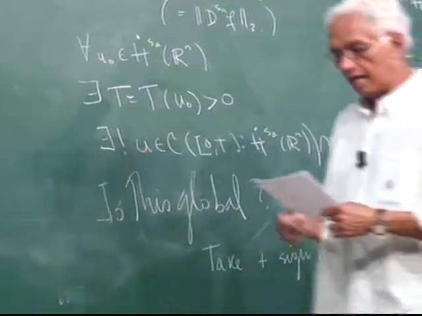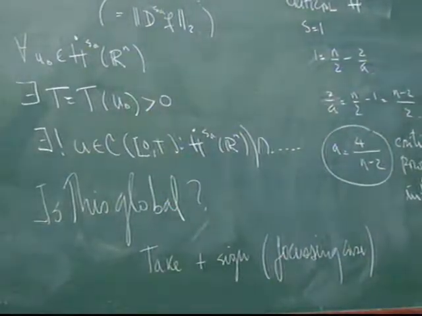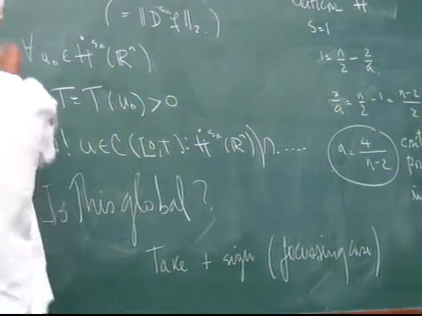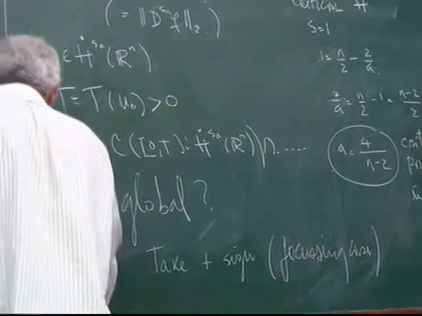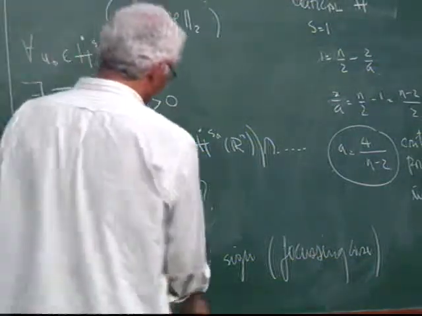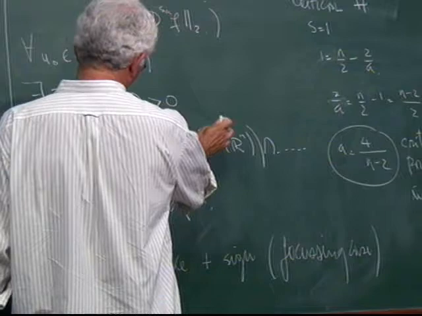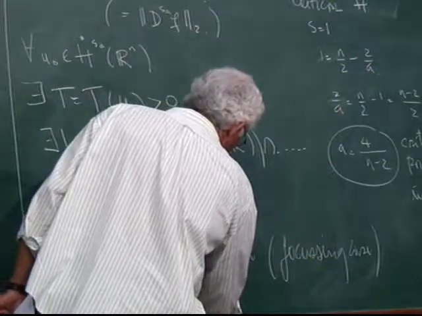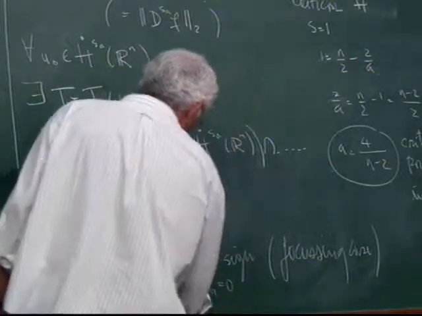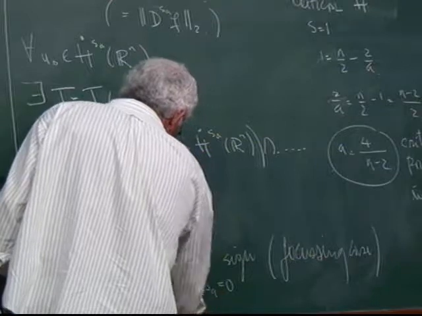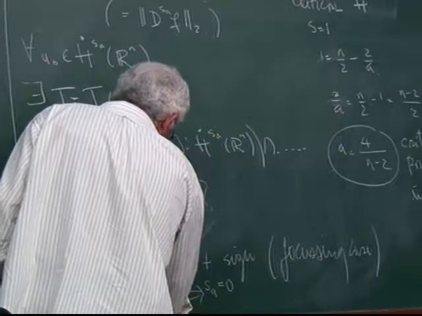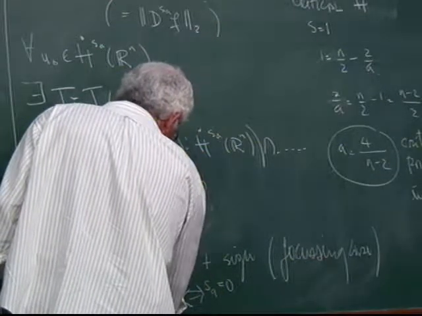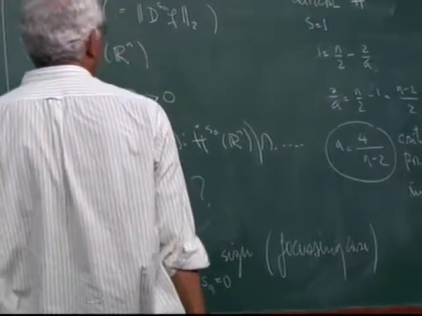Okay. And now do the following. Take sigma to be 0. That means that you take the nonlinearity A to be 4 over n. You are critical in L2 to make your life simple. Okay?